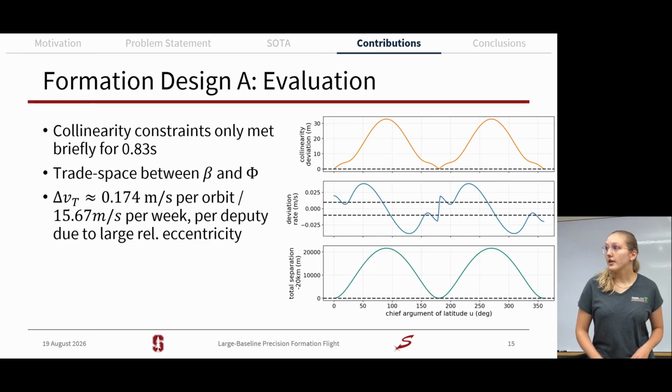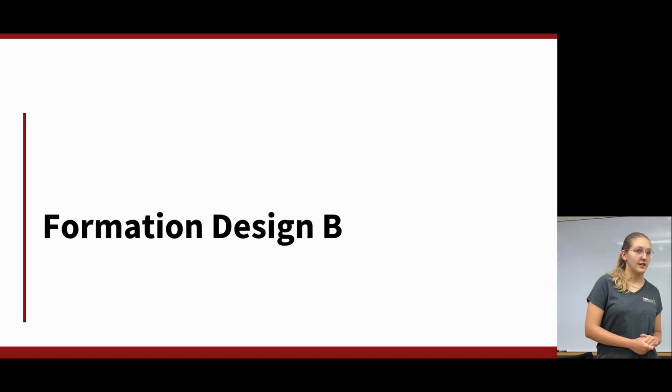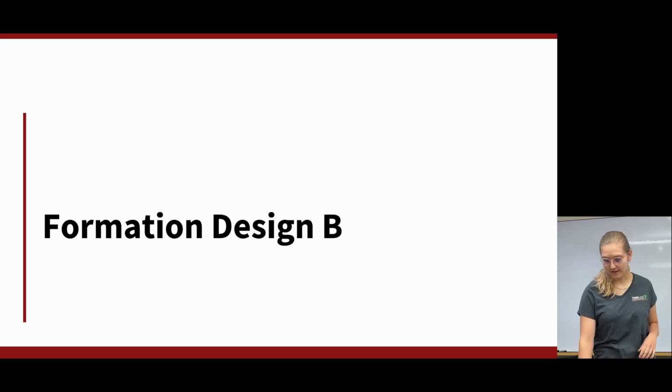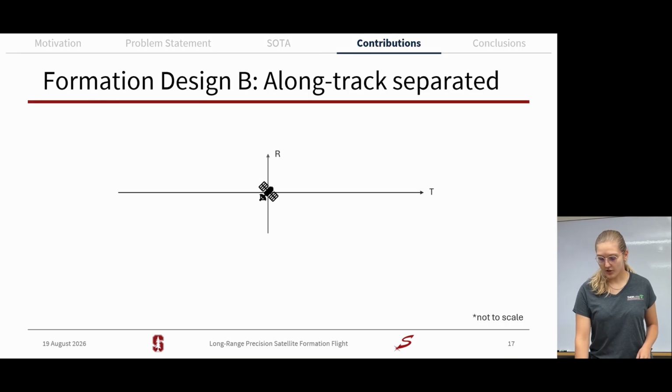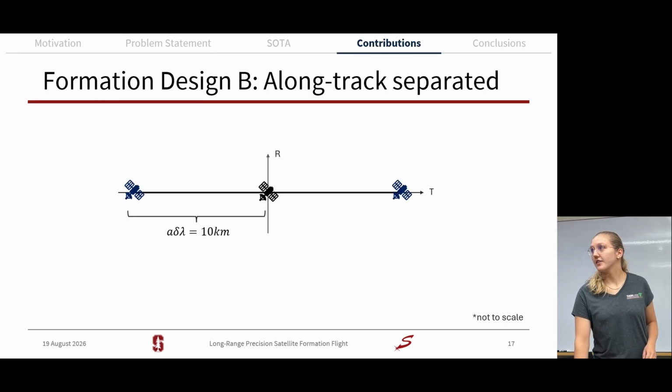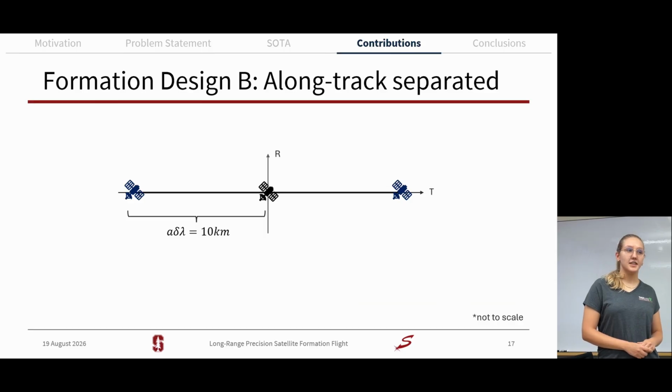So there's another approach, which I call formation design B. And this one exploits the large baseline along the along-track separation. So imagine we have our chief sitting in the RTN frame, and then we want to place our deputies at 10 kilometers plus and minus away.